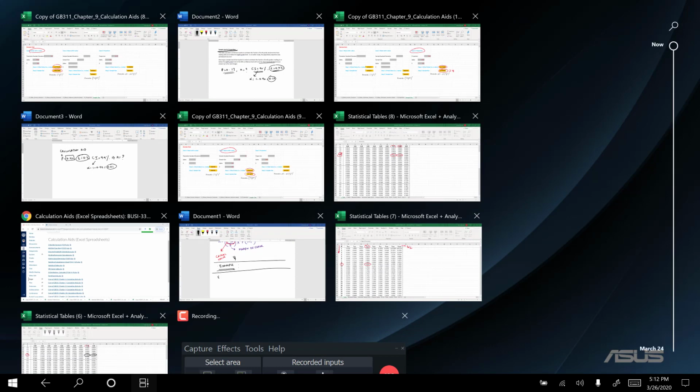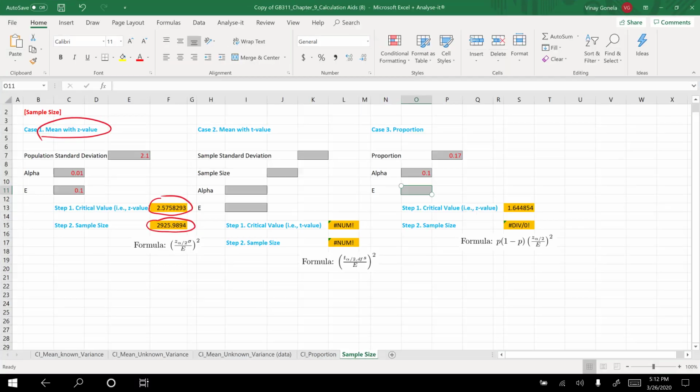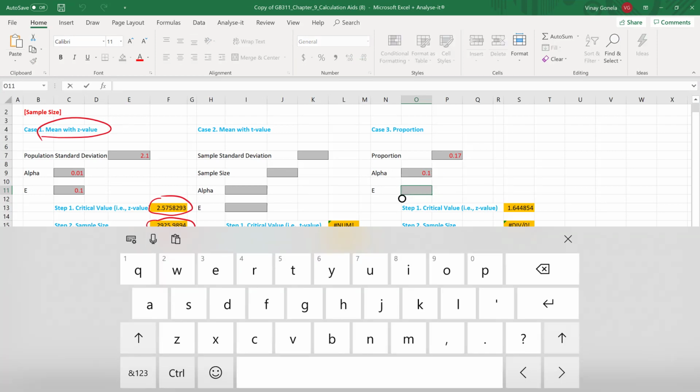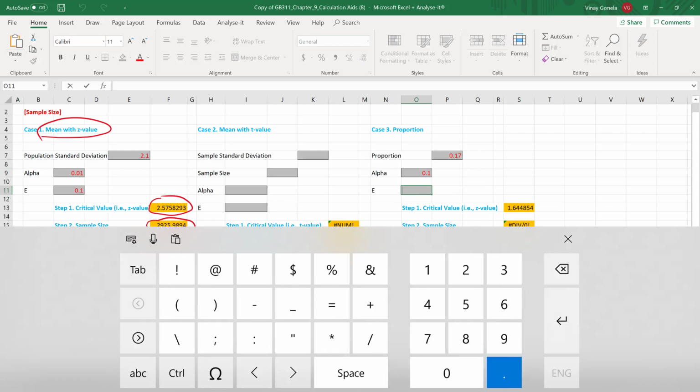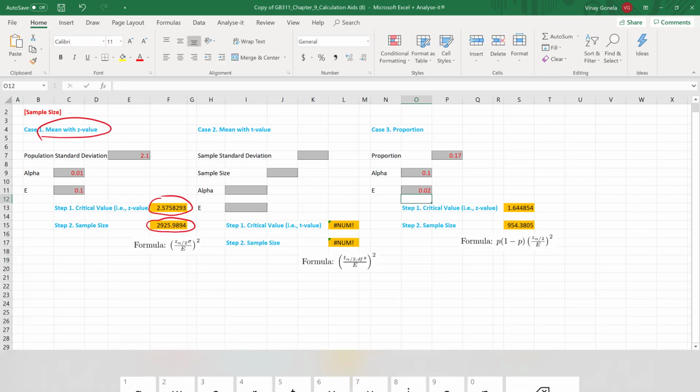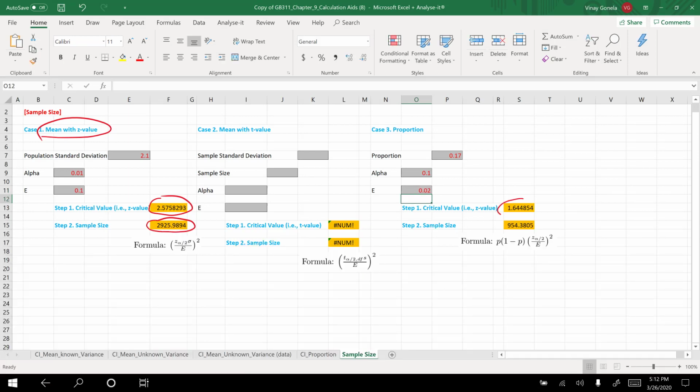Margin of error is 0.02. So my answer is the critical value is 1.644854 and the sample size is 954.38, so this will be 955. So that's how you will be solving these problems. This concludes my lecture on determining sample size. Thank you.